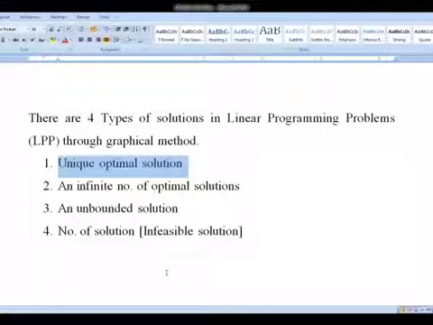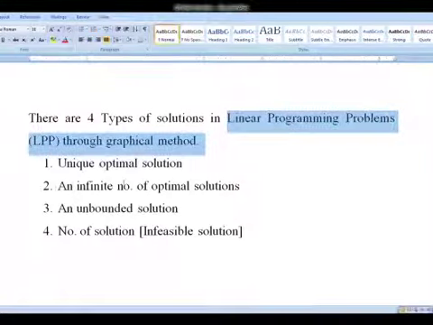A unique optimal solution is where we get an x1 or x2 which is unique. It doesn't change, or out of, let's say, a, b, c, d coordinates, we get just one coordinate.